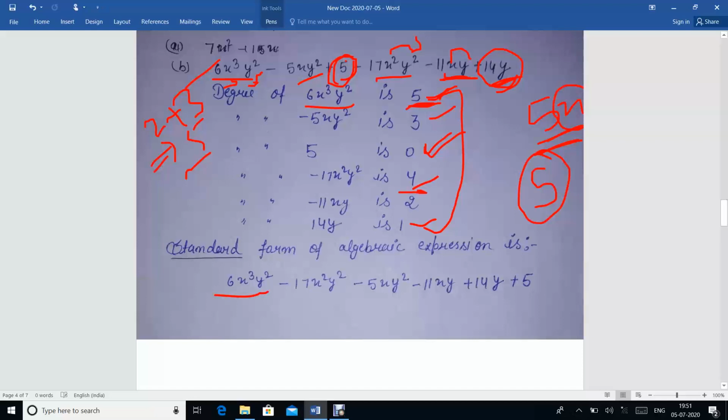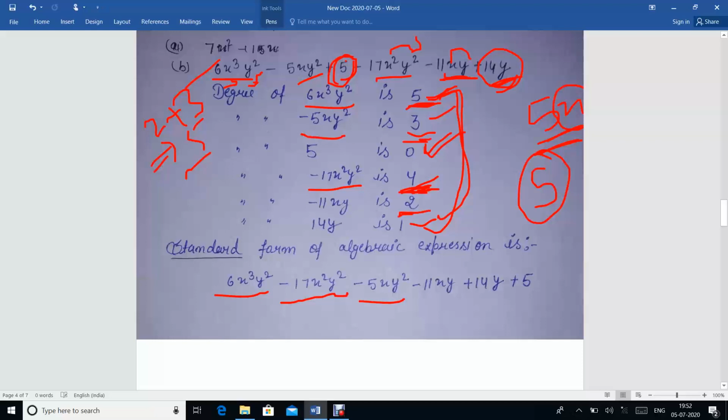We have to arrange these degrees in descending order. 4 is the degree of the term 17x square y square, so at the second position you have to write minus 17x square y square. The next is 3, and degree 3 is contained in the term minus 5xy square. So at the third position you have to write minus 5xy square.